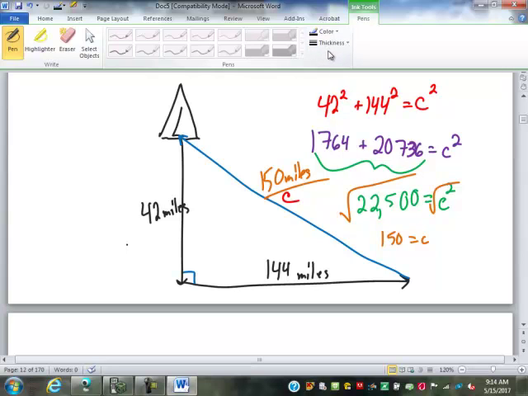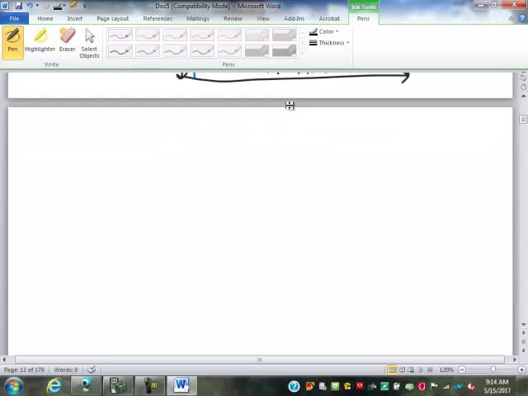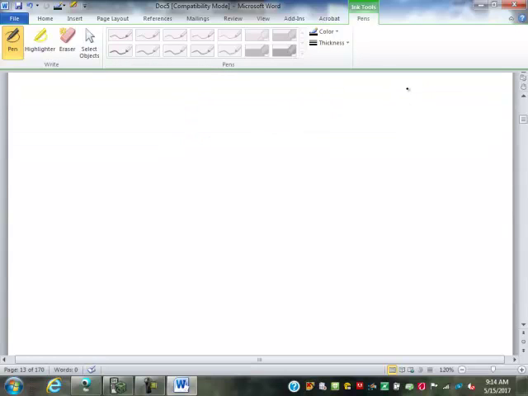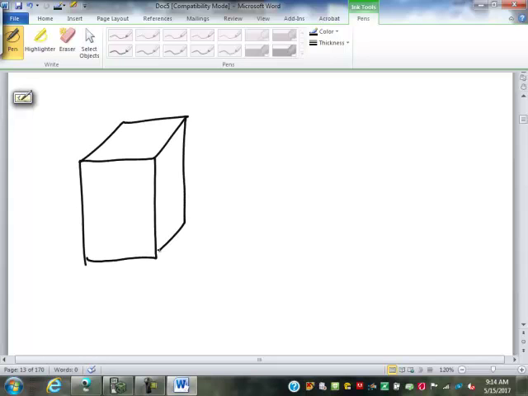Okay, well, our next step, we'll get started on it here before break, is something that looks like this. Volume and, for extra credit, surface area.